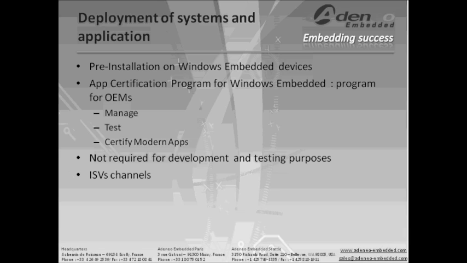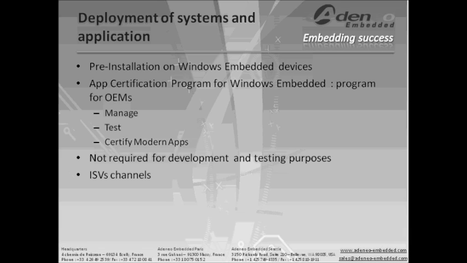For Windows Embedded, the store is not just an app store. There are some differences between the Windows Store for PCs and the business of Windows Embedded, OEMs, and developers on embedded solutions. There is a program called the App Certification Program for Windows Embedded.